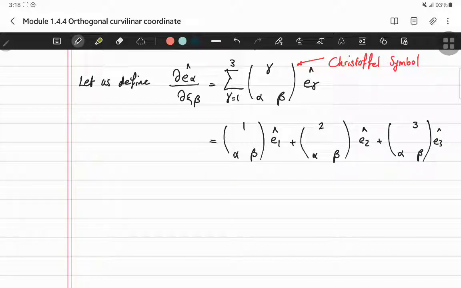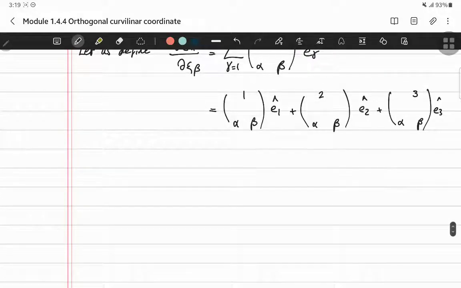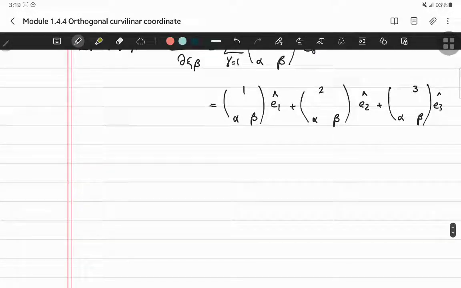So if we find this Christoffel symbol, we then will be able to calculate basically the gradient, the divergence, curl, and Laplacian, and so on and so forth. So to find this Christoffel symbol, we have to do some tricks.